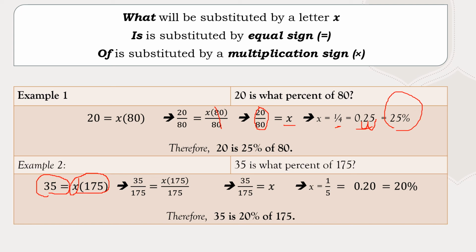To continue computing, we divide both sides by 175 to cancel this out, so the remaining will be x is equal to 35 over 175, or x is equal to 1/5. Then convert this into a decimal, and from the decimal convert this into a percent. So 20 hundredths to 20%. Therefore 35 is 20% of 175.